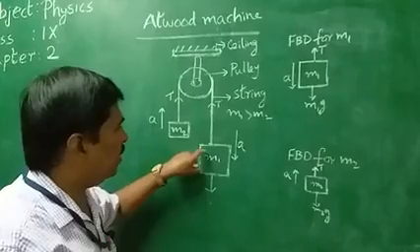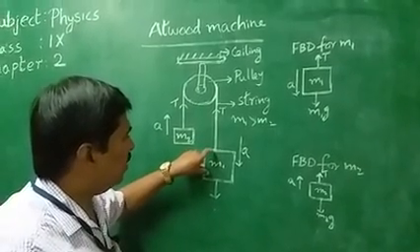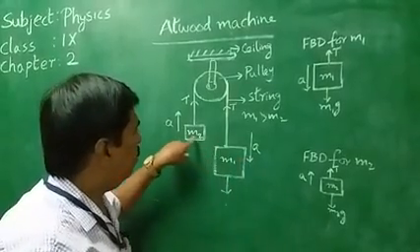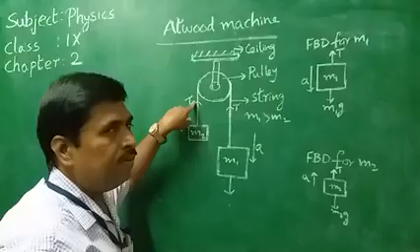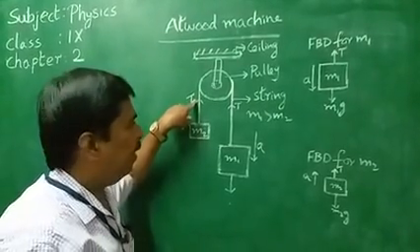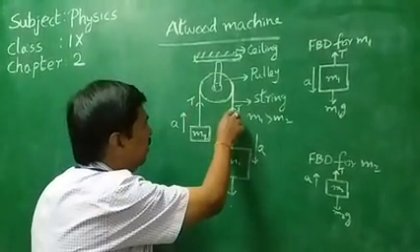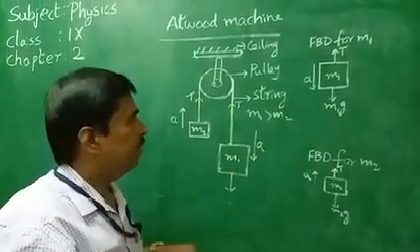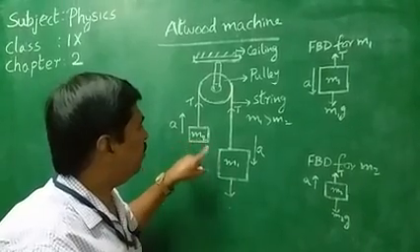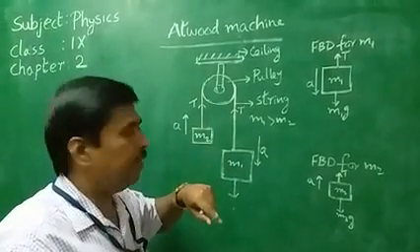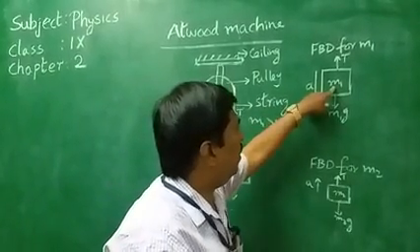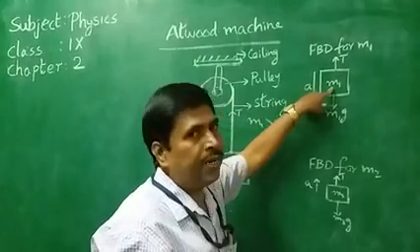Whenever they are connected by the string, the heavier mass comes down with an acceleration A. Similarly, the lower mass goes upwards with the same acceleration A, and there is a tension acting in the direction opposite to the gravitational force. Based on this, if you draw the free body diagram for the load M1, two forces act on it.